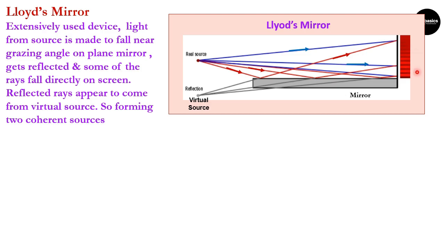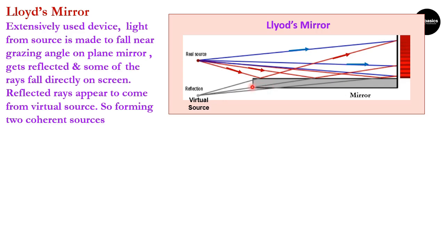This represents the interference pattern, and the reflected rays from the plane mirror appear to come from a certain point which we consider as the virtual source.